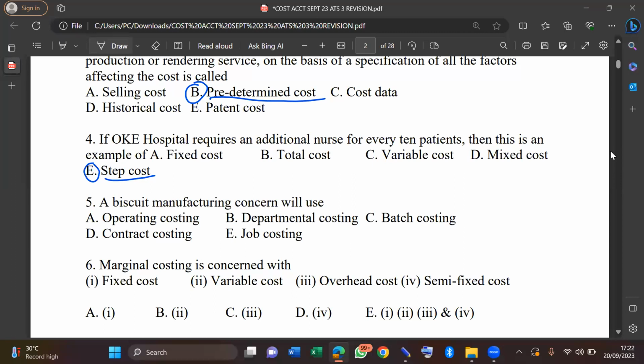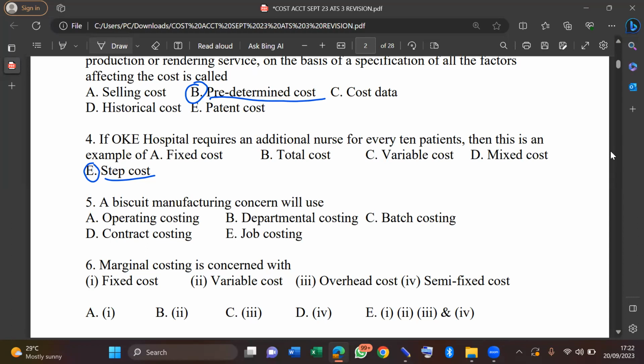What do we call a mixed cost? A mixed cost is a combination of both variable and fixed costs. For example, in a production, we cannot have variable without having fixed.